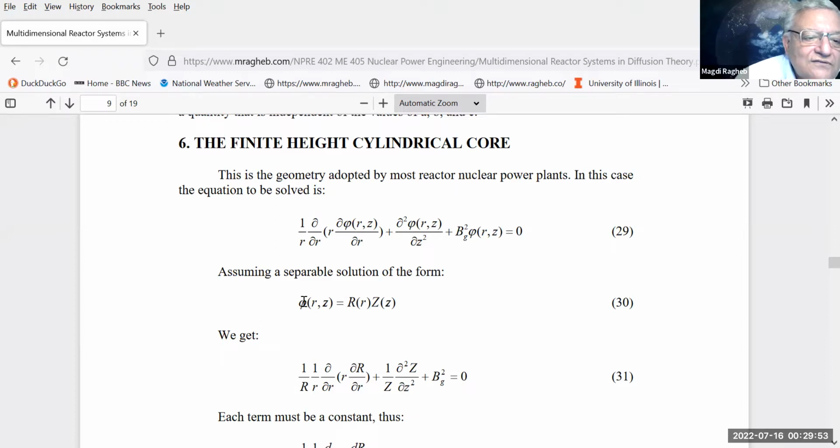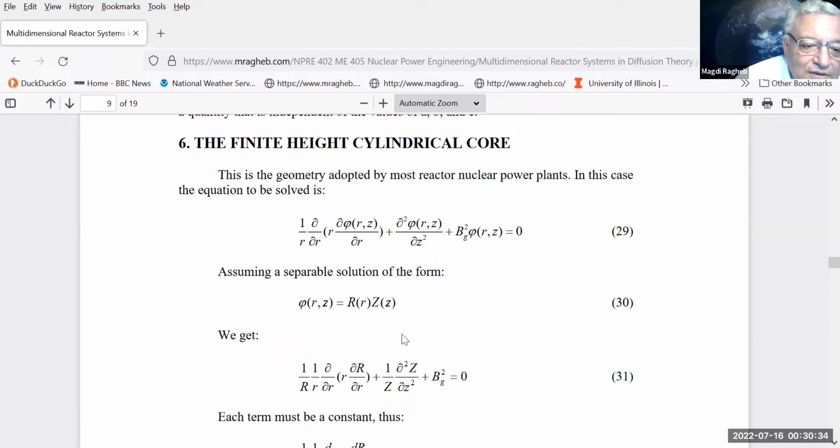All right, now, so let us get a solution phi of r and z and substitute it in that differential equation. For the first term, you'll find that the z acts as a constant, and we have only a derivative with respect to r, and when we divide by R Z, the Z and the Z cancel. For the second term, the R acts as a constant, and it cancels out if we divide by R Z. So you'll find that now we have two terms: one (1/r) d/dr (r d/dr), and 1 over Z, d squared Z by dz squared.